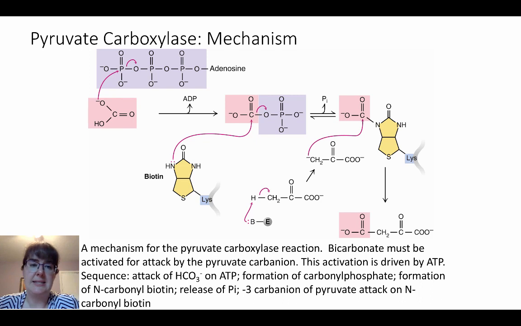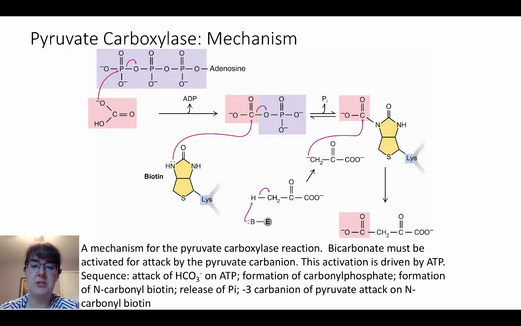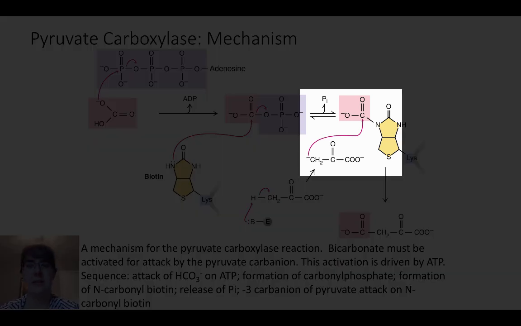But notice that when it does that, what we're really going to get is essentially a molecule of carbon dioxide. So the first step of the pyruvate carboxylase mechanism is getting the biotin that extra carbon. The second step is going to allow pyruvate, which is having some acid-base chemistry happen on another side of the enzyme, to give a carbanion on that end of pyruvate, which will then allow that third carbon of pyruvate to nucleophilically attack the carbon that's now been attached to biotin.